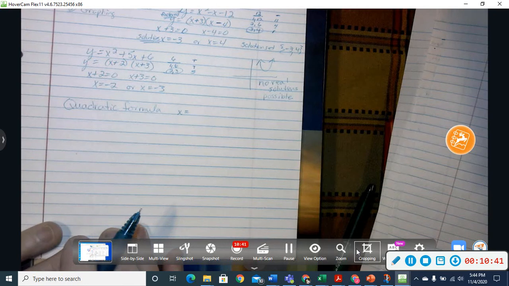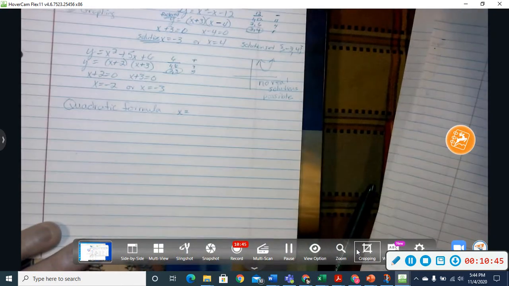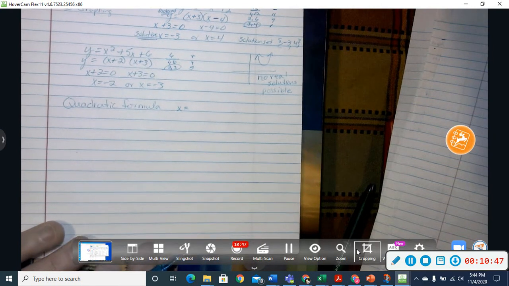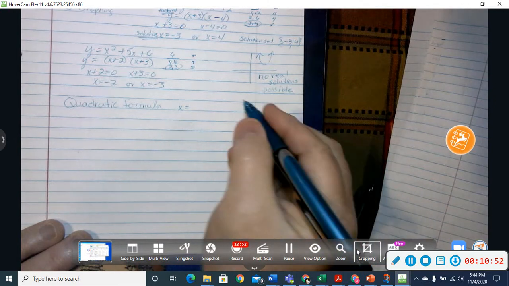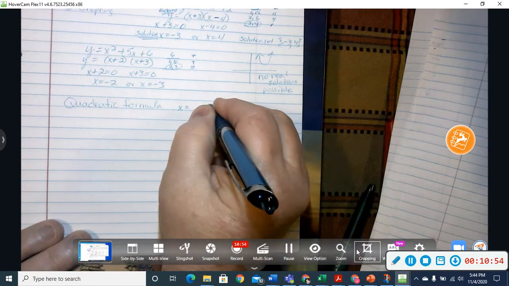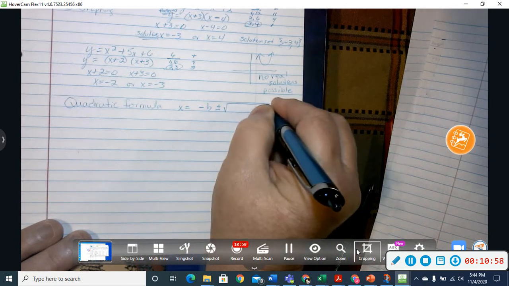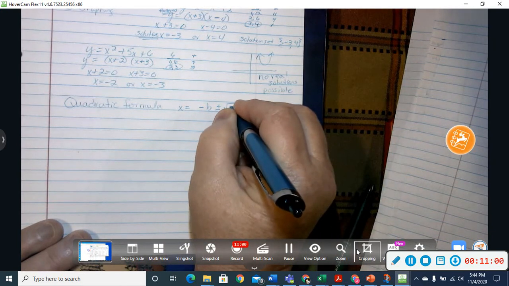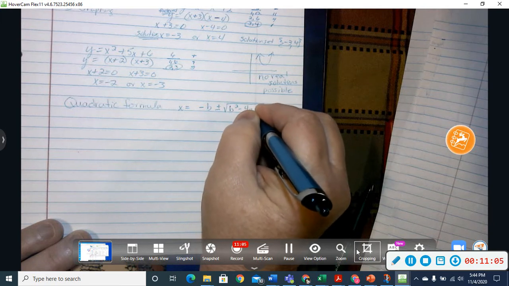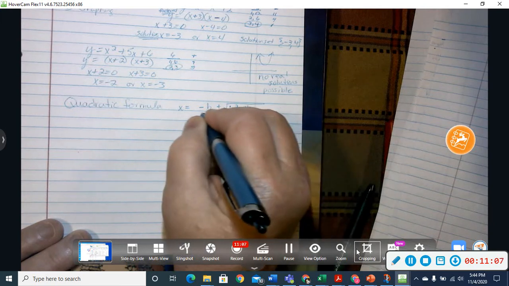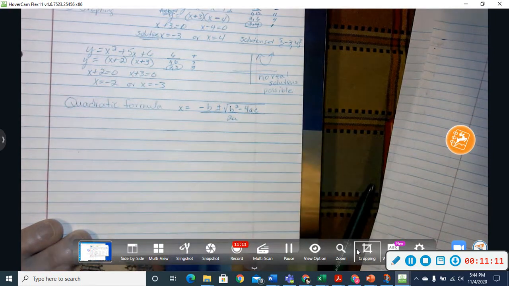So even though you can factor, the quadratic formula is a method that you can use to solve quadratics that will work every time. So the quadratic formula is negative b plus or minus the square root of b squared minus 4 times a times c, all of that over 2 times a.